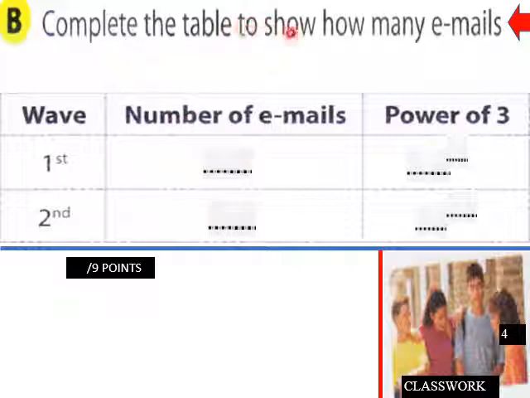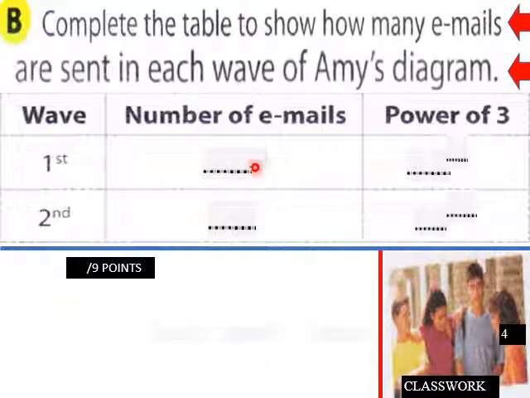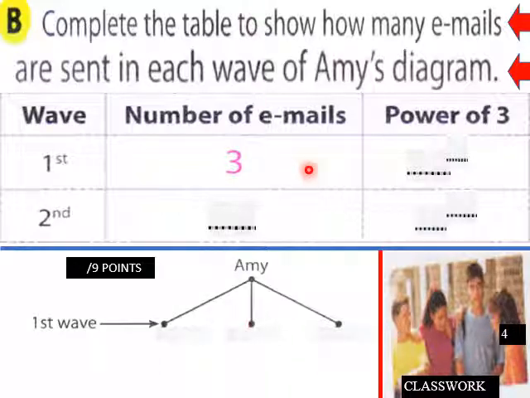Complete the table to show how many emails. So first wave, second wave, number of emails, power of 3. How many emails are sent in each wave of Amy's diagram? In the first wave, we had 3 emails, right? Remember, here's Amy's first wave, 1, 2, 3.